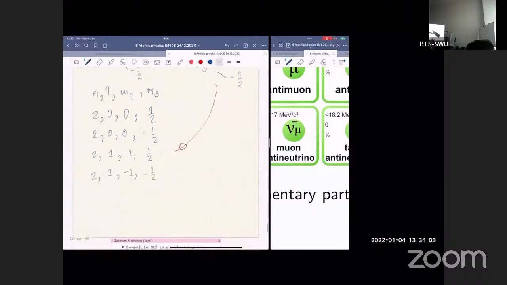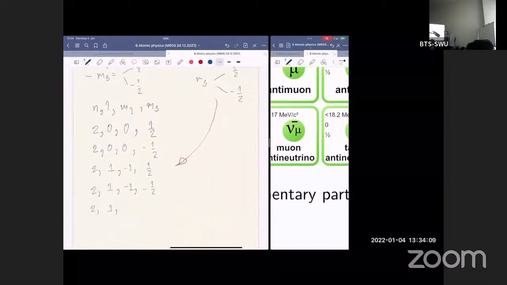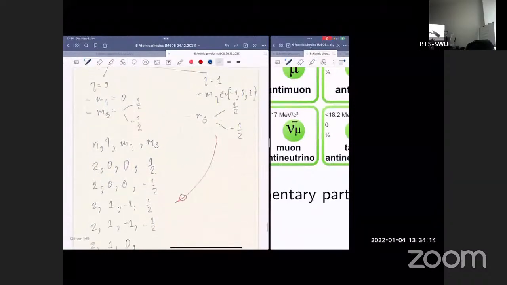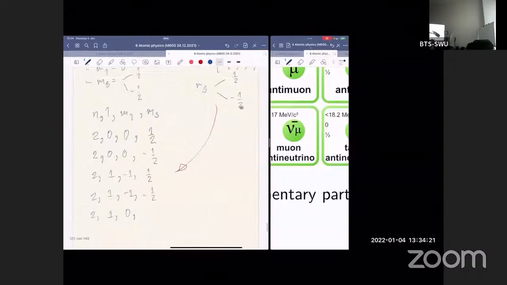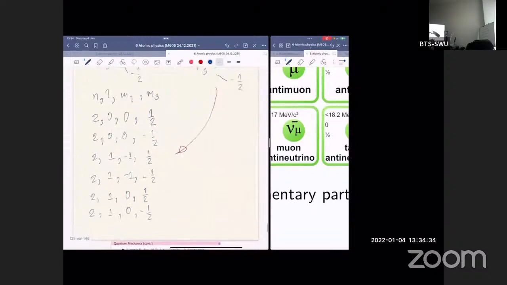And the next one is 2, L is 1, so we have ML 0, because ML moved from -1 to 0 already. The spin number could be 1/2 for the first case, and for the second case 2, 1, 0, and -1/2.